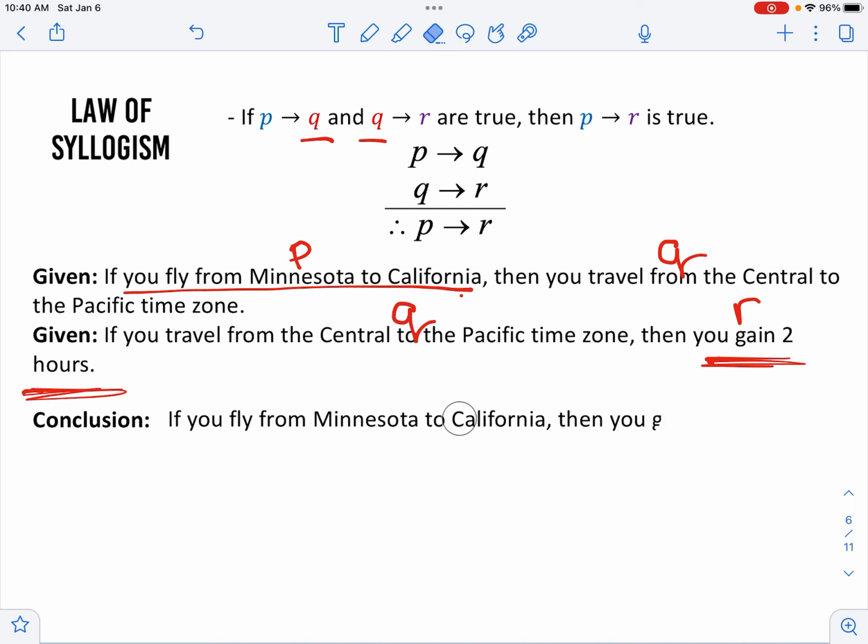So if you fly from Minnesota to California, again, this is P, then you gain 2 hours, and that should be your R. Remember, therefore, P goes to R. So this is called the law of syllogism. And that is our conclusion. This would be our answer.